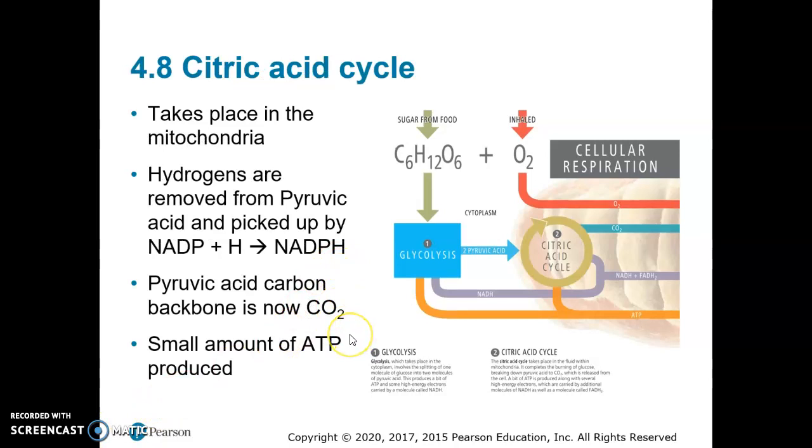The citric acid cycle takes place inside the mitochondria, and that's where the hydrogens are going to be removed from the pyruvic acid. They get carried over to the electron transport chain by this molecule called NADPH. That's not right. It's NADH.